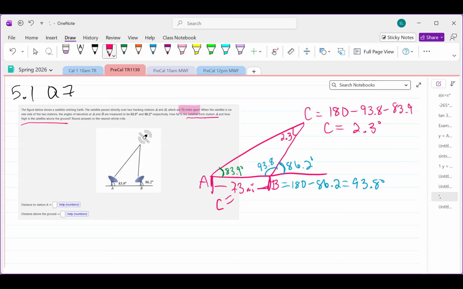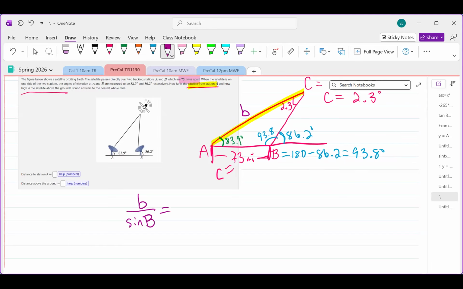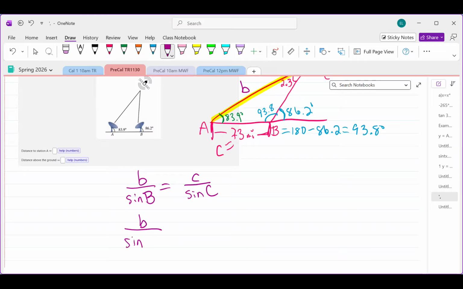So the distance from station A to the satellite is the side opposite angle B. So we are looking for side B. Our first calculation is going to start with B over the sine of angle B equals, and I know the C's, so that's what I use for my second ratio, C over sine of C. So little b, what I'm looking for, over the sine of 93.8 equals 73 over the sine of 2.3.